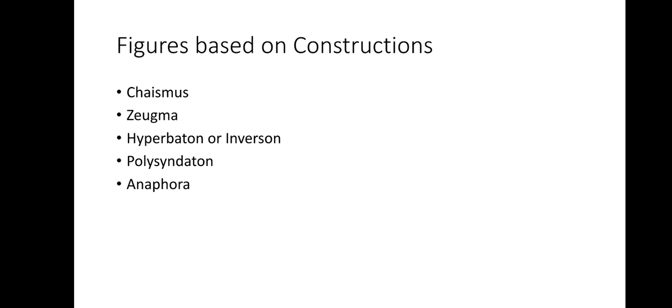Then we have polysyndeton. Polysyndeton is another figure of speech, which is the unnecessary use of conjunctions. This is also used to make some kind of stress. Let me give an example: "Souls that have toiled and wrought and taught." Or, "I went there and there and there."